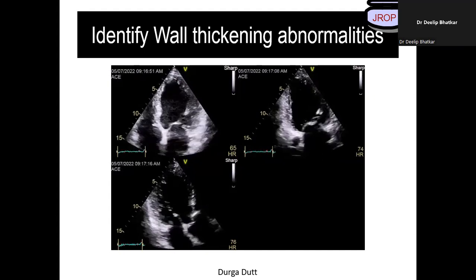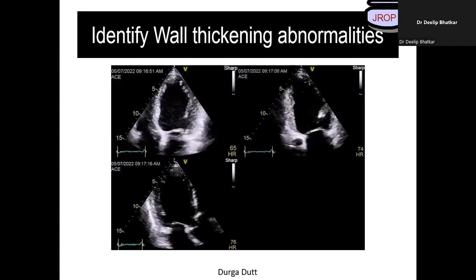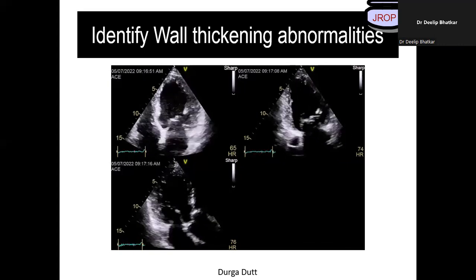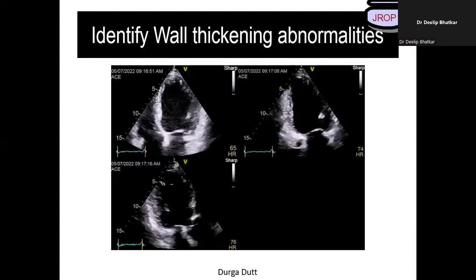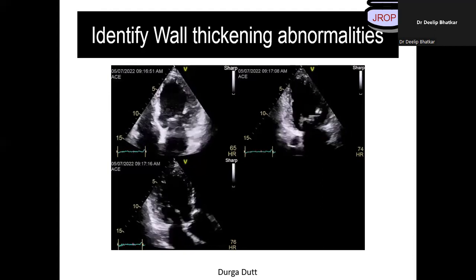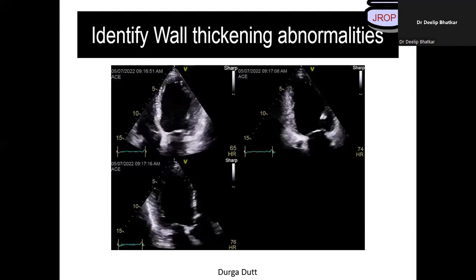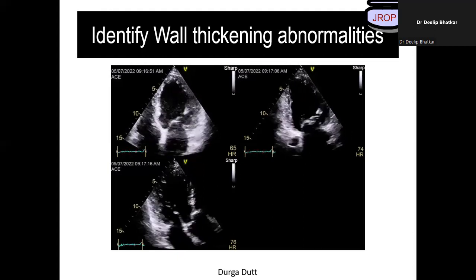Yes, sir. In 4-chamber view, basal septum is akinetic. Mid septum is also hypokinetic. Apex is contracting normokinetic.